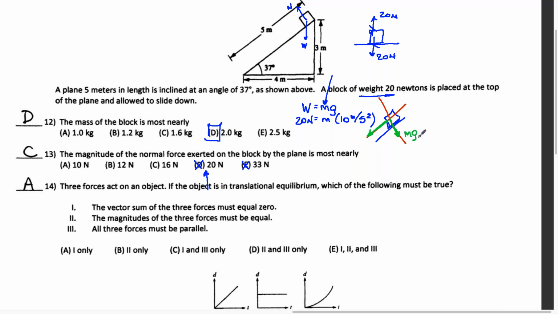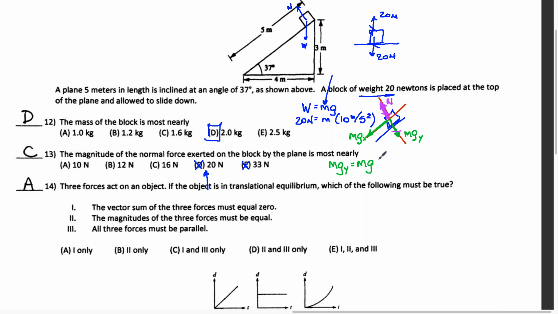I'm going to call this one mgy, and I'll call that one mgx. So the normal force in this case, which is perpendicular to the plane, is going to be equal in magnitude but opposite in direction to the y component of the weight vector. So really this question could be boiled down to, can you figure out what the y component of the weight vector is? Because that's equal to the normal force.